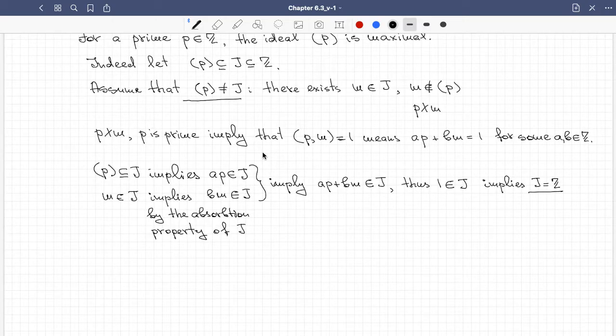So in the course of the proof, we used that if 1 is inside an ideal, then the ideal is the whole ring. This is quite a general statement, which I would write down just as a byproduct, which may be useful in many situations. I will write it as a proposition if you want.